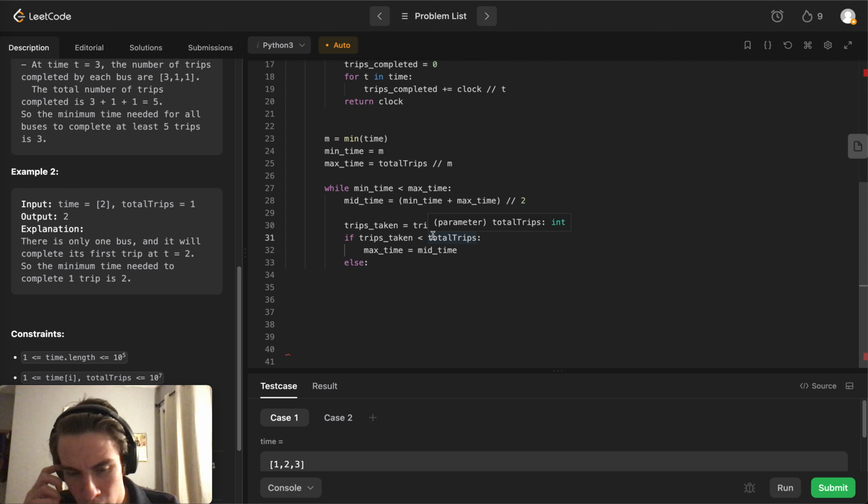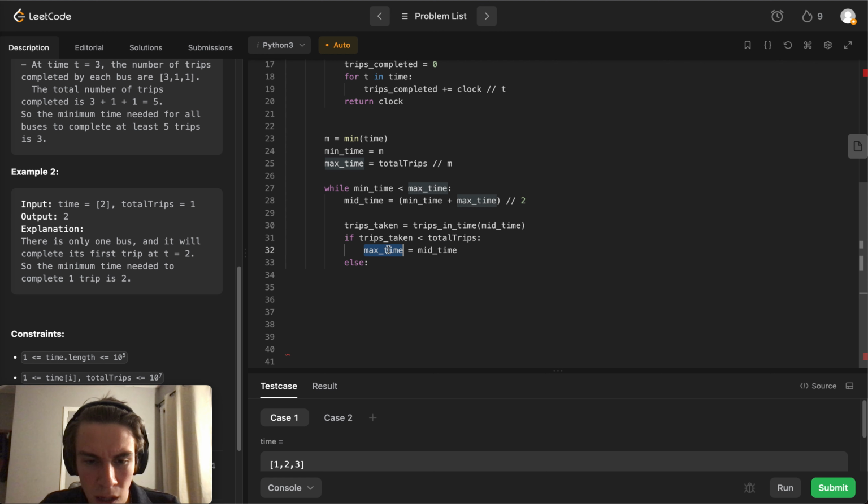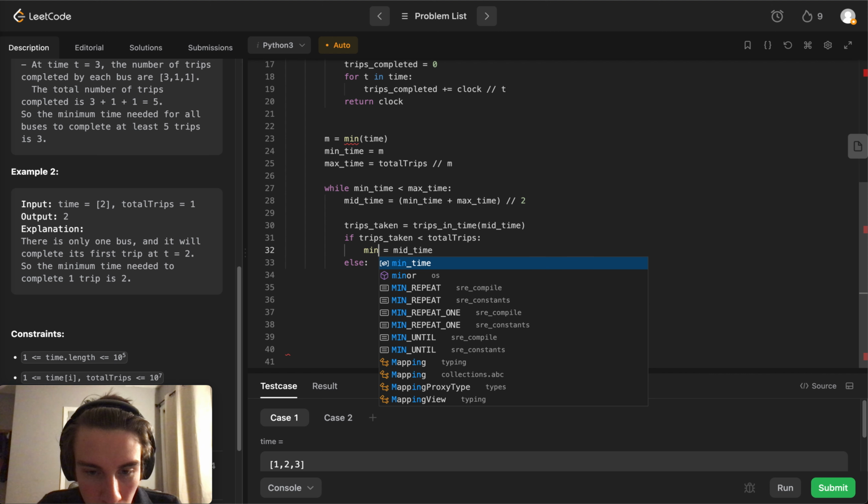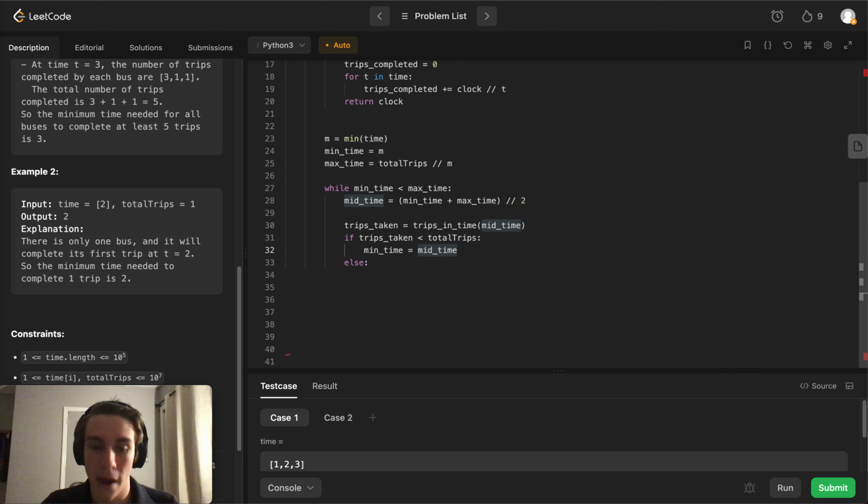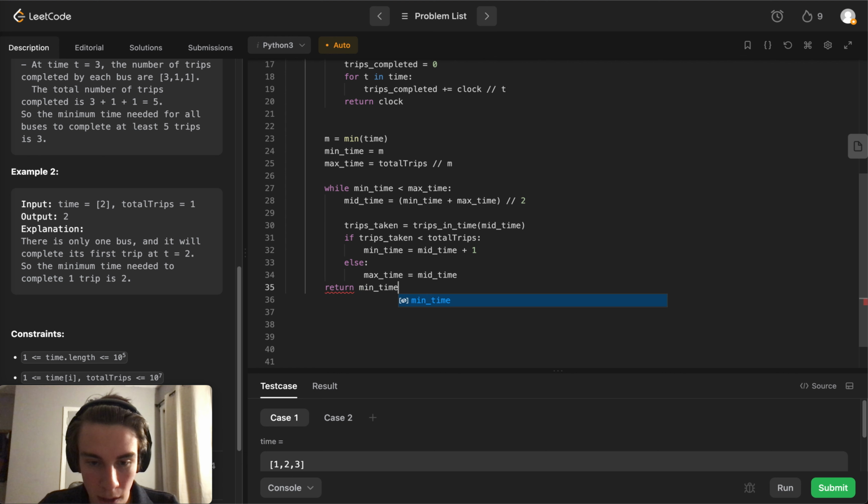If the trips taken is smaller than the required, then we're setting the min time to the max time, to the +1. Else, if the trips taken is too much or even the same, then we say that max time is equal to min time and return min time.